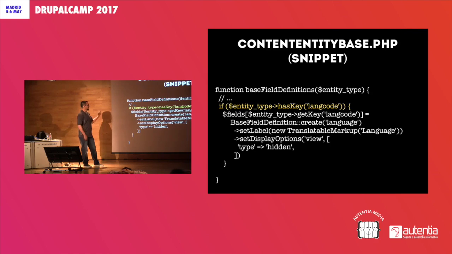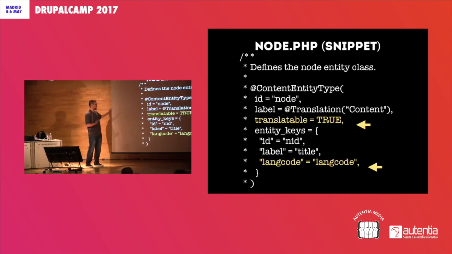And in the baseFieldDefinitions method, ContentEntityBase already checks if there's a langcode key. It will create the langcode field for you. So you just need to say, I'm translatable, and this is the name of my language field, and that's it. This allows your site builders to configure translatability on your content entities.